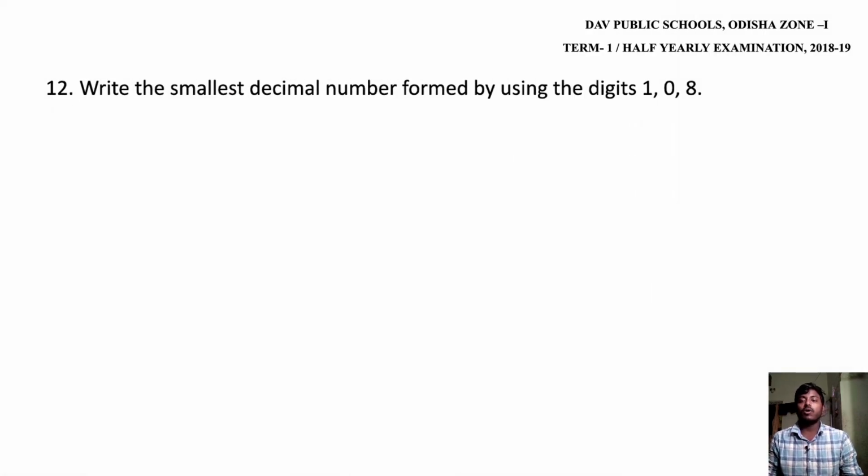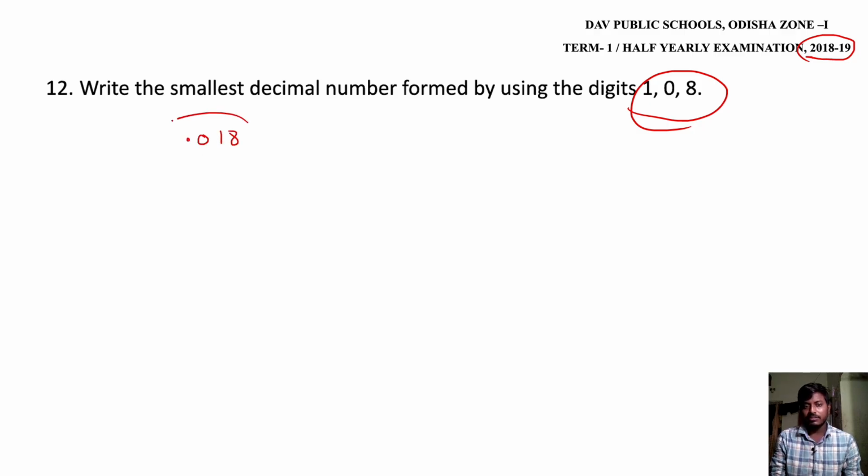Understand? Next question. Write the smallest decimal number formed by using these digits. This is from the 2018-19 paper. So how to write the smallest? That is 0.018. Yes or no? This is the smallest.